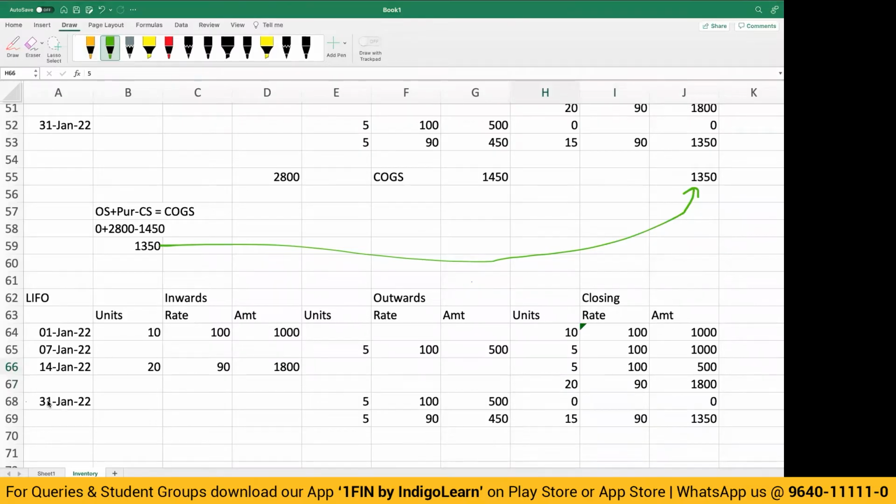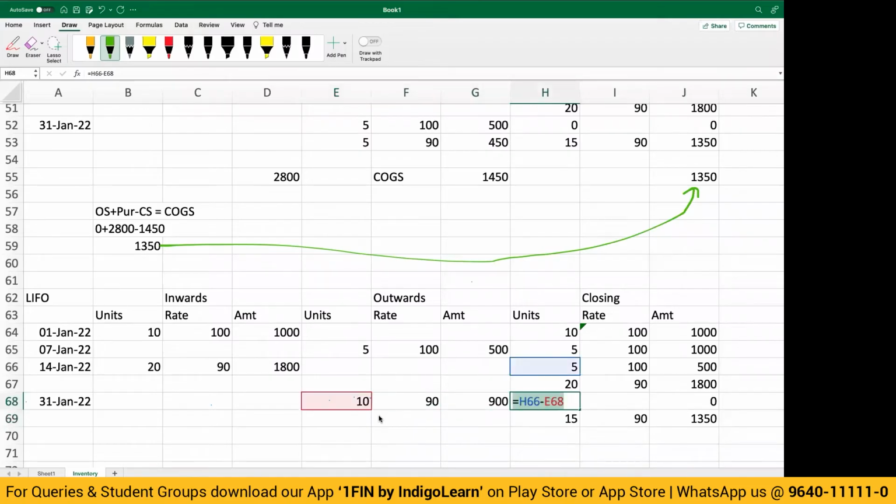What will happen on 31st of January? You have to tell me here. So entire 10 units will be at 90 rupees. Very good. And nothing from here.